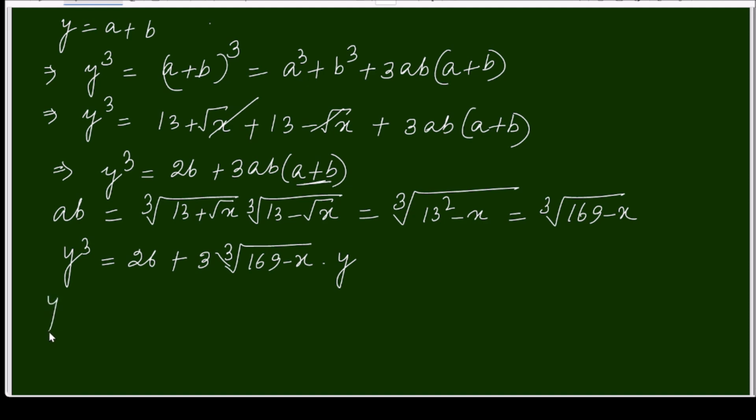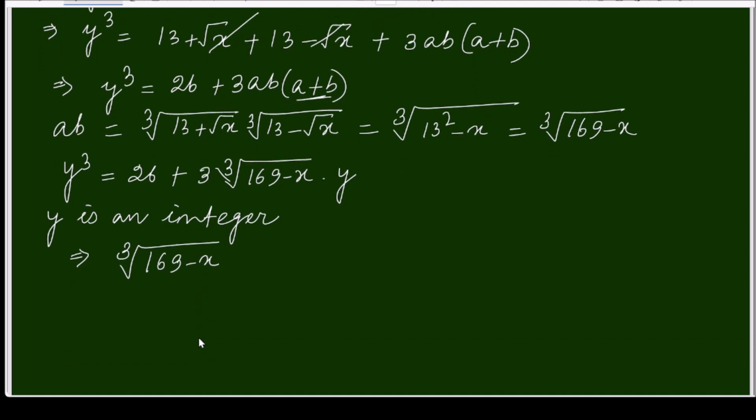Now y is an integer. So when y is an integer, that means cube root of 169 minus x must be a rational number.